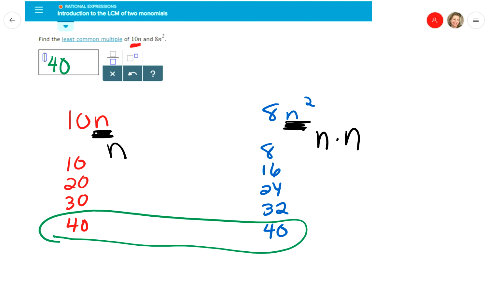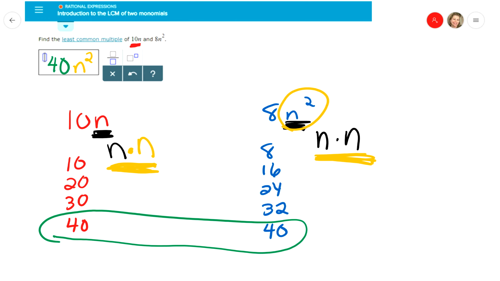The variable with the most letters actually ends up being your least common multiple, because if I took this n over here and multiplied it times an n, I'd have an n times n, which matches this n times n. So that makes n squared the least common multiple of the variables. So my answer would be 40n squared.